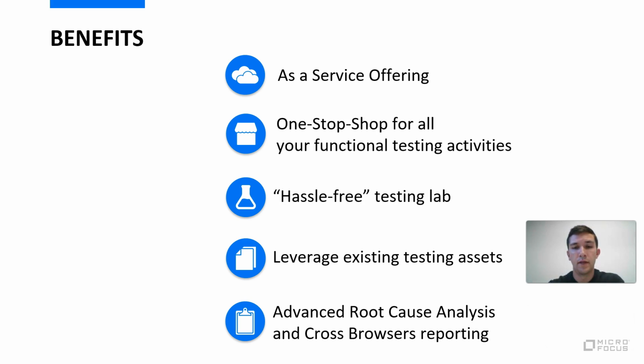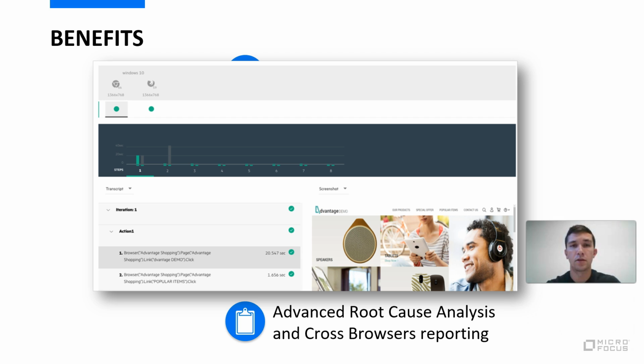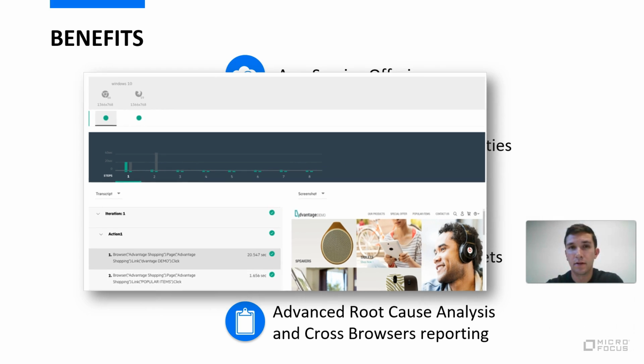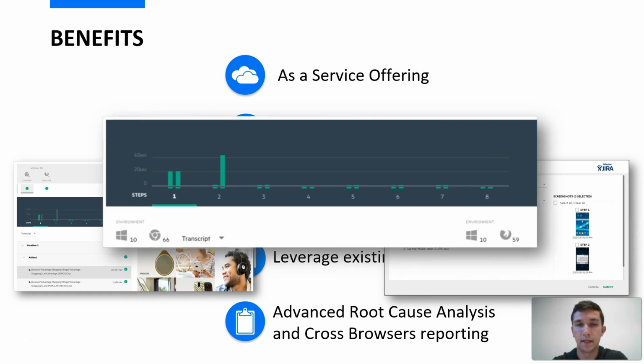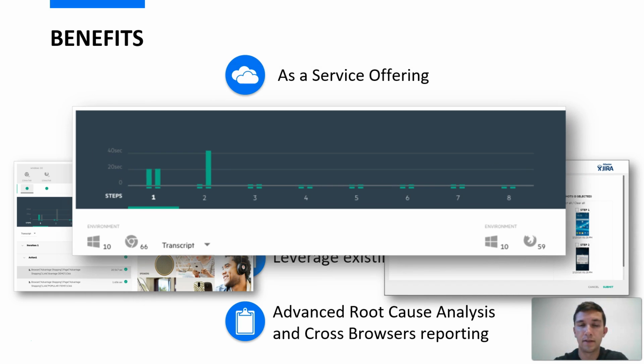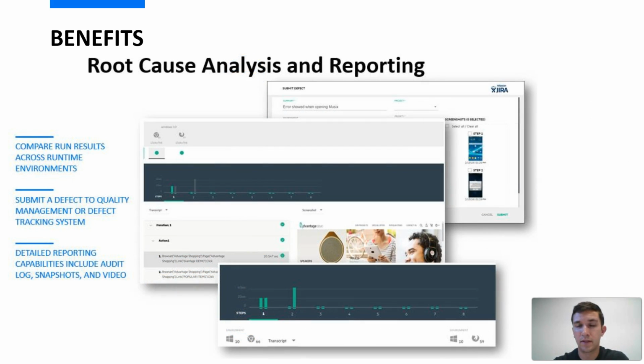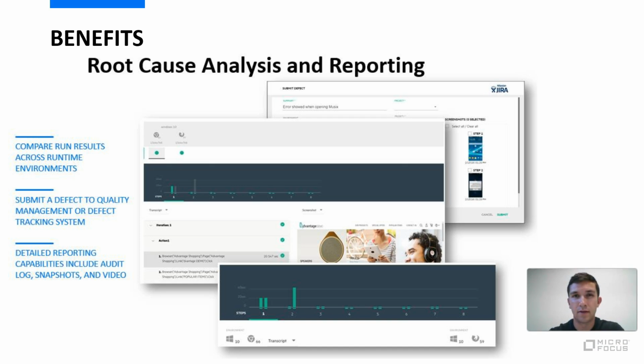We'll also see in the demo the advanced root cause analysis capabilities and cross-browser reporting that we'll get from this. So this is going to be really great: we're going to have easy-to-read reporting from just a flow of steps that occur within the test, comparing tests against each other on a step basis, a response time basis, as well as an image basis. Especially for those Selenium testers who have to code all this out to have these kinds of capabilities, you take that Selenium script and upload it into StormRunner Functional, and you're going to have all those reporting features, those images, those steps, those graphs, readily available inside of StormRunner Functional.